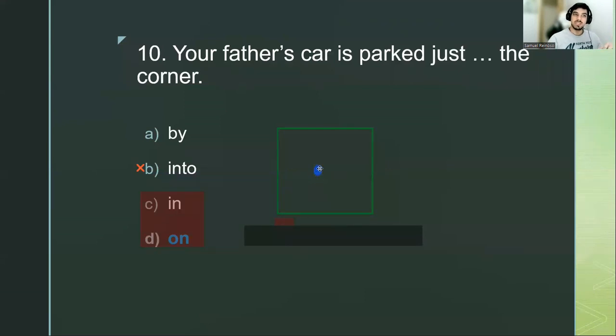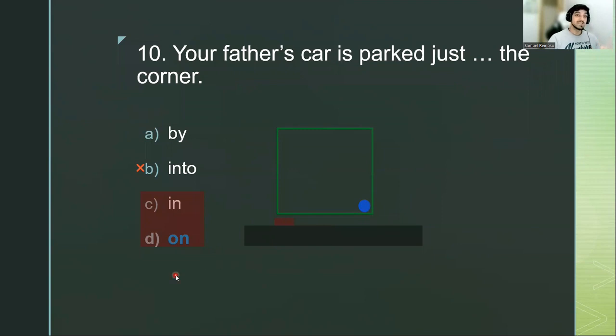So this person is now right here, but she moves here. Where is this person right now? This person, again, is here, right? Right in the corner. So in this case, we are not going to say on the corner. We say in the corner.